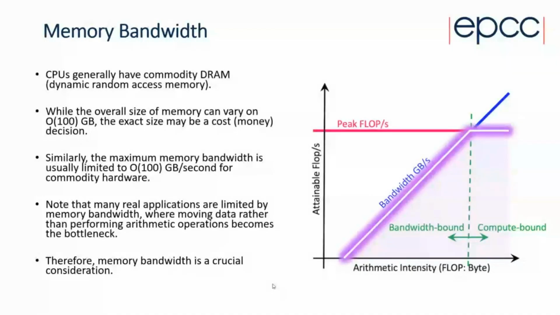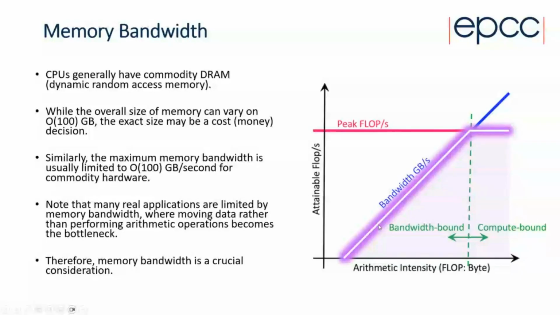And what GPUs tend to focus on is improving the bandwidth, the rate at which you can get memory into the processor. So you're of the order of thousands of gigabytes a second in terms of memory bandwidth from very high rate GPU memory. That has an implication on the way that you program GPUs.